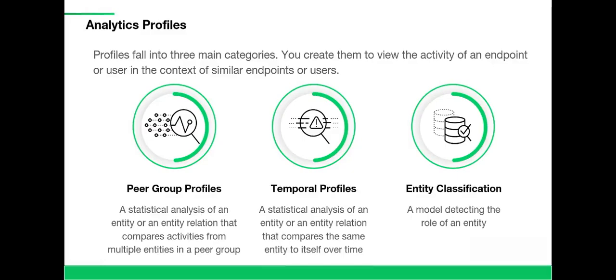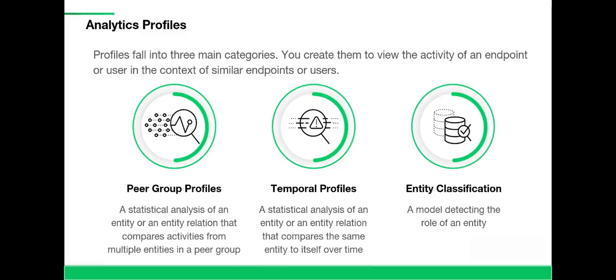Just to sum up in simple words what these terms mean: a peer group profile uses statistical analysis to identify entities that are common, or entities that have the same behavior. So it will group together entities with the same behavior.